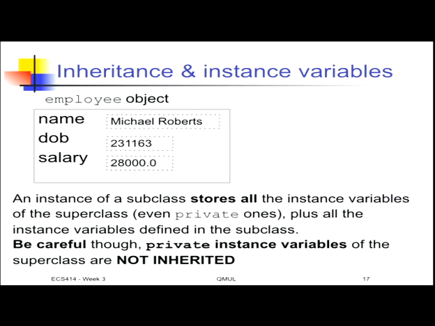When you create an instance of the Employee class, Java will also create space for the instance variables of the superclass, like name and date of birth. However, if they are private, even if they are created, they cannot be accessed. Again, this is a fundamental principle of access modifiers: whatever is private cannot be accessed outside that class. So private instance variables of the superclass are not inherited, even if they are created when we create an instance of the subclass.